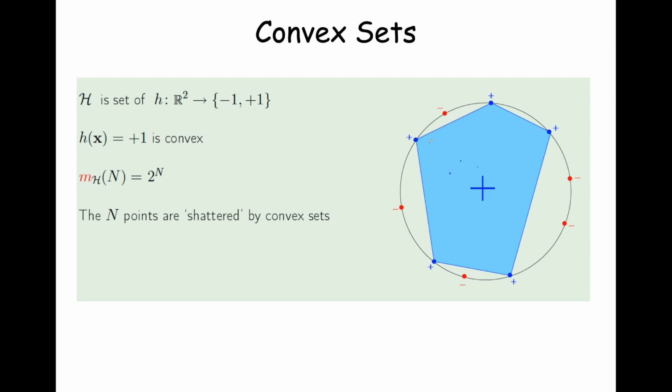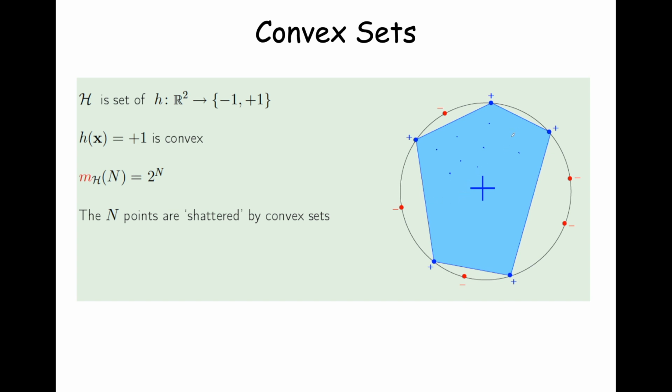call all the points within the convex set enveloped by this polygon, we call those the plus points. So the hypothesis will call every point that's inside of this set of convex sets or this convex hull, we're going to call those plus points, and all of those that are not in the convex hull, we're going to call those minus points.